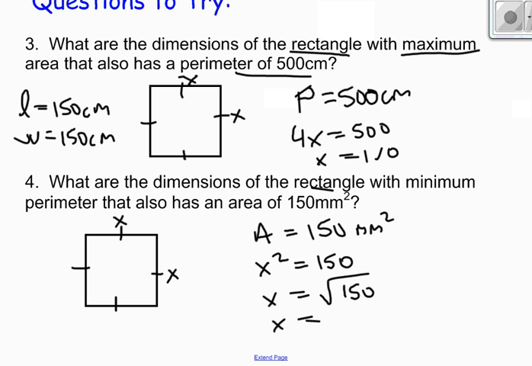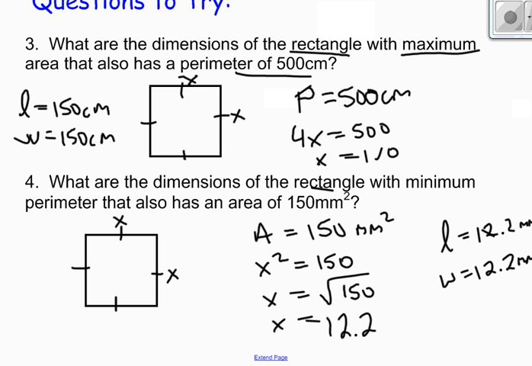And the square root of 150 is 12.2. So that means the dimensions of this square must be length equals 12.2 millimeters and width equals 12.2 millimeters. So once you get the idea that you have to make a square if you're optimizing a rectangle, it's just a case of working with the information you have.